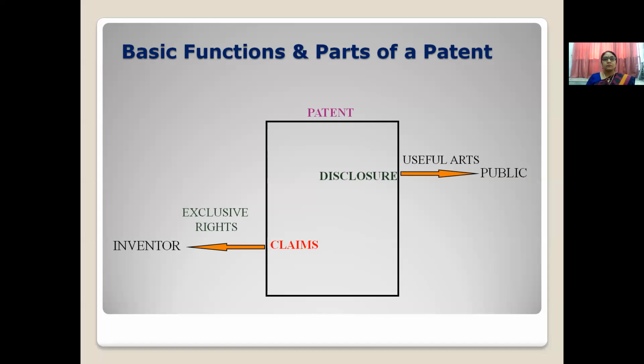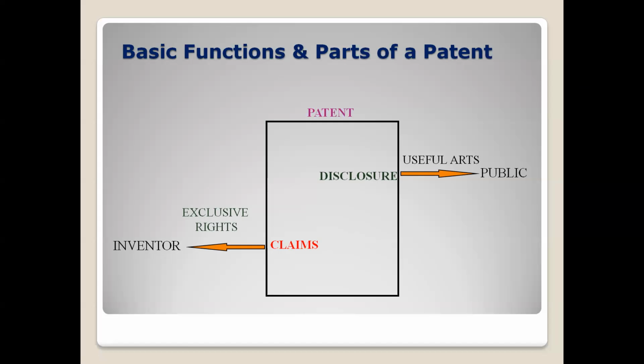So therefore, one has to be very, very careful while designing and drafting the claims part of the patent document. When I say it as a technical and legal document, the first 3 parts are almost all technical parts. A claim is like a legal component. It is the boundary. For your bungalow, you might be having a fencing.